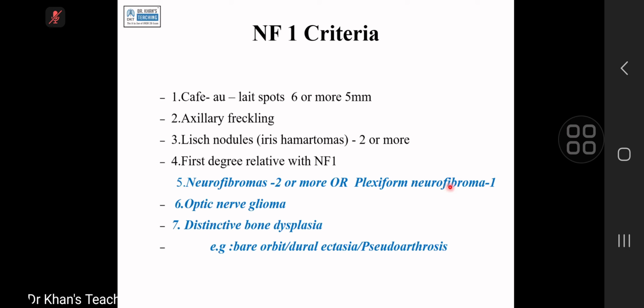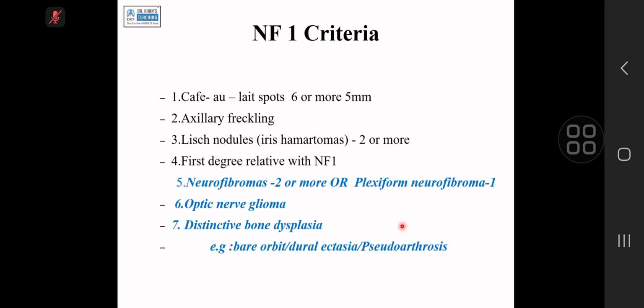Please remember that these are clinical, but this is where radiology comes in: neurofibromas, two or more or one single plexiform neurofibroma, optic nerve glioma, distinct bone dysplasia. And one of the bone dysplasias is pseudoarthrosis.